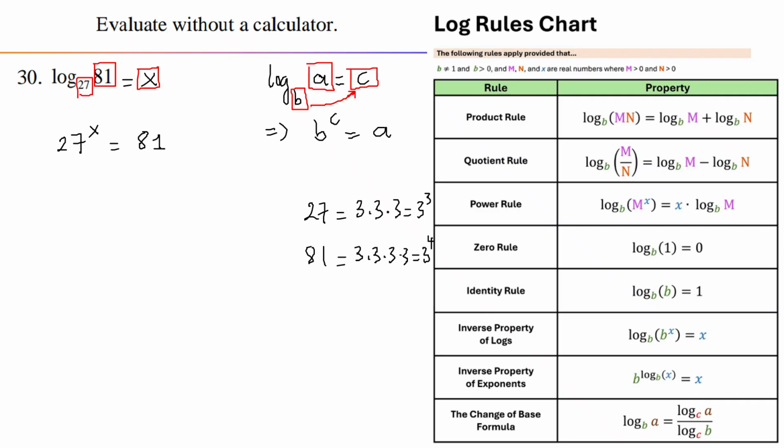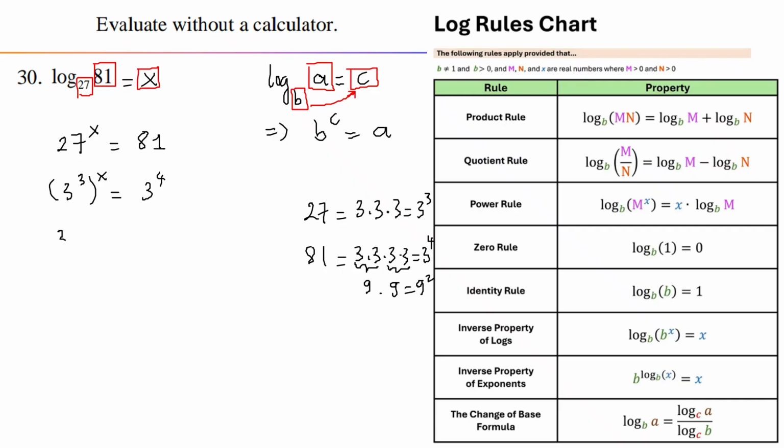Or you can do 3 times 3 is 9, 3 times 3 is 9, so you have 9 times 9, that's 9 squared, that also is 81. So I would rewrite 27 as 3 cubed, all to the power of x, equals 3 to the power of 4.